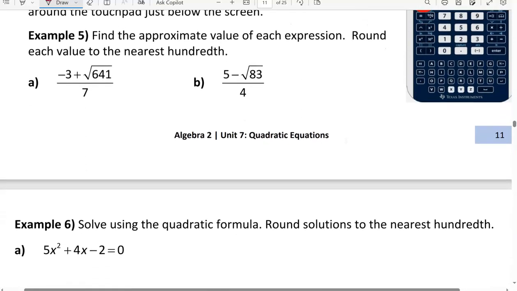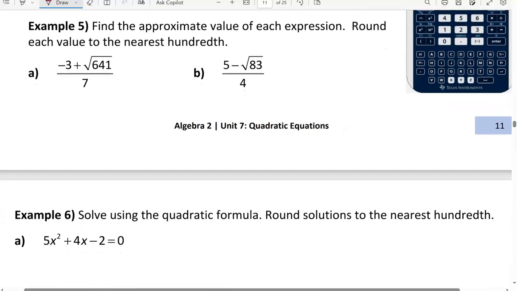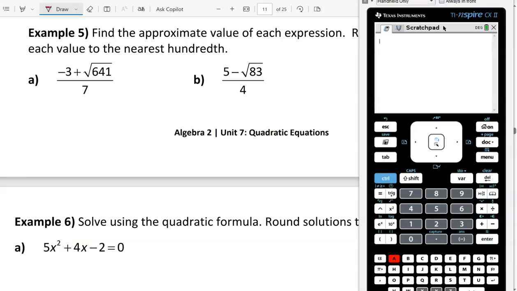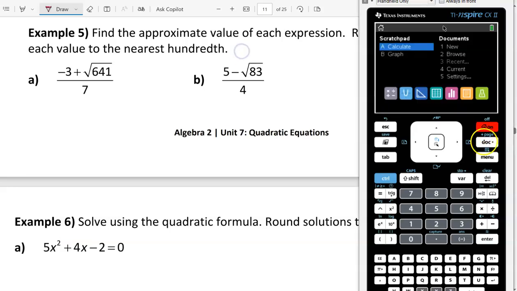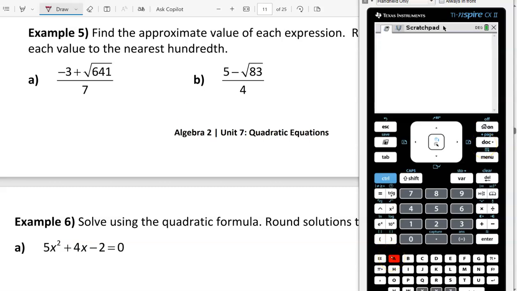So we're going to do some examples here, finding an approximate value of each expression and round to the nearest hundredth. To enter the expression in example 5a, we need a scratch pad or calculator page, and you can press the home key in A if you wish, or you can open a new document, whatever your preference is.